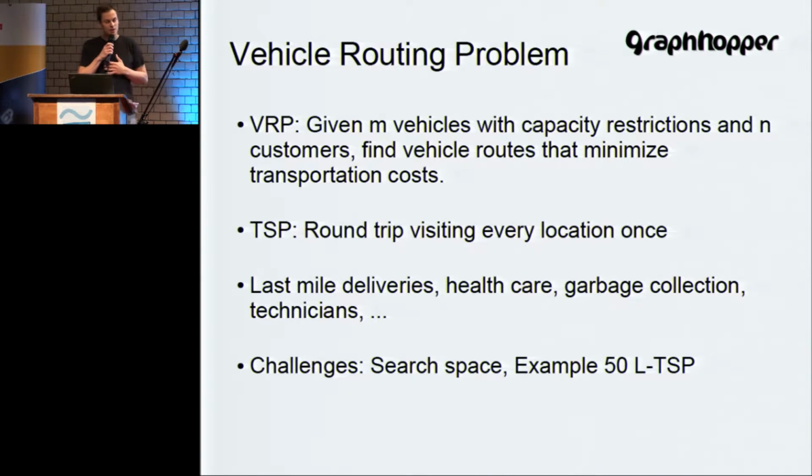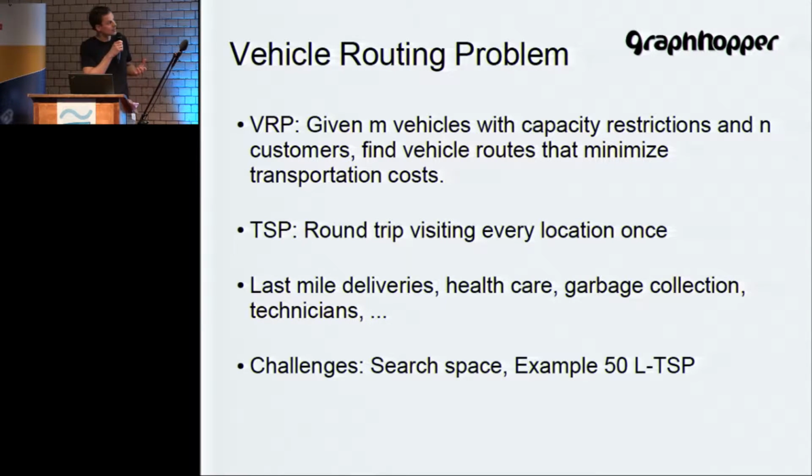And there's a huge variety of vehicle routing problems, and a specific form of the vehicle routing problem is the traveling salesman problem, where you only have one vehicle and no capacity restriction. And it is basically about finding the best round trip of a given number of locations.